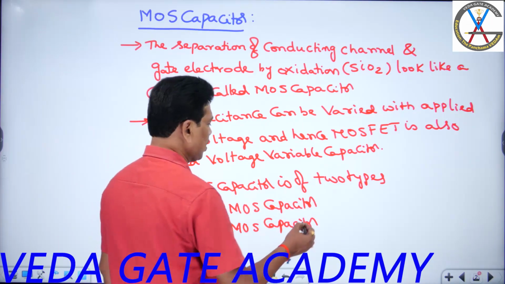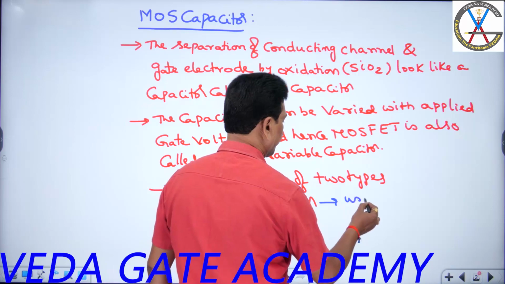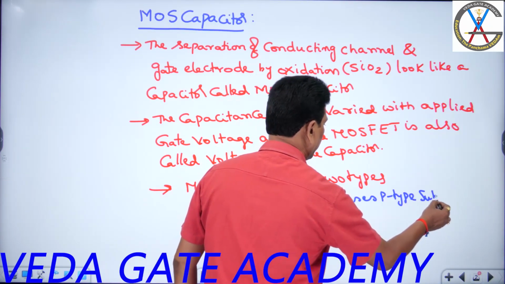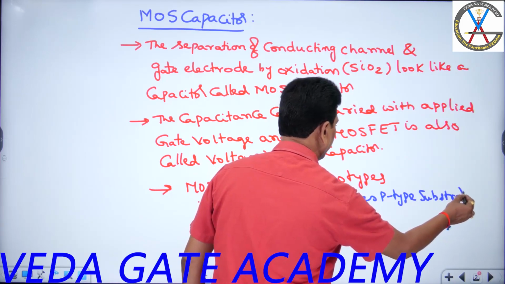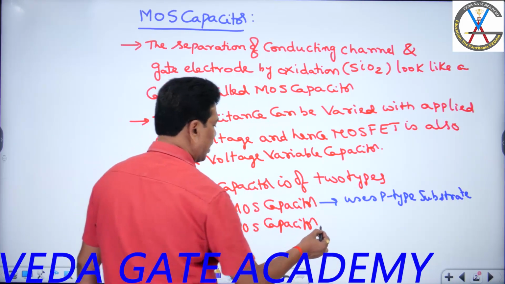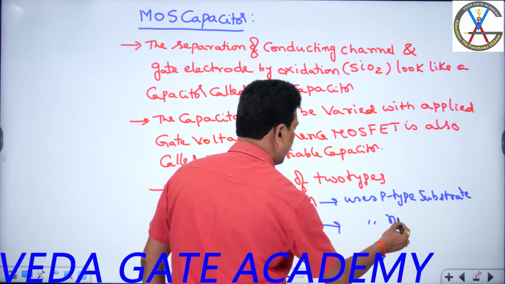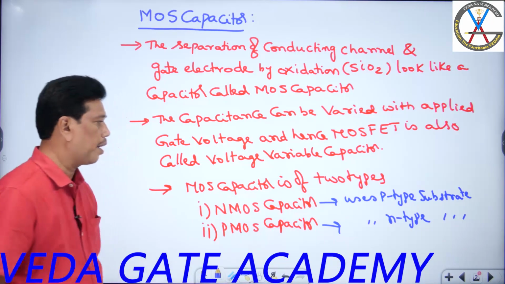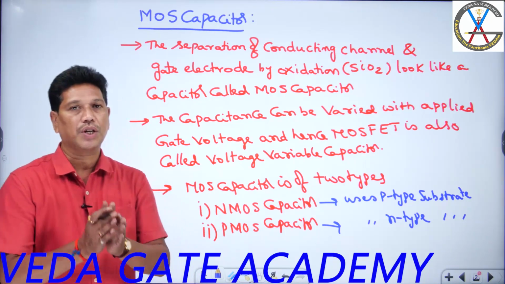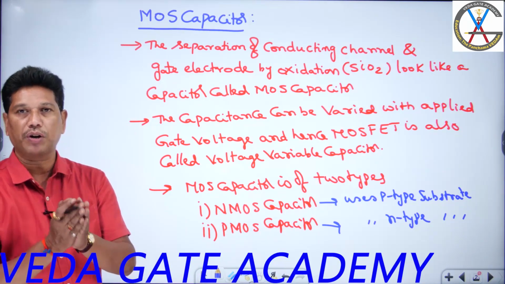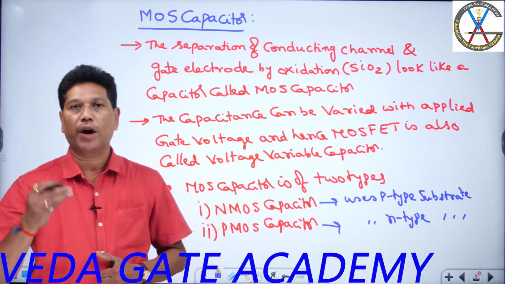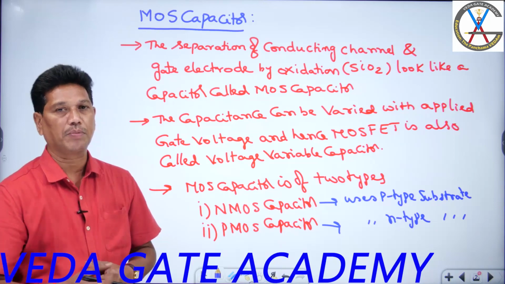All the remaining structure is the same. The structure of Nmos and Pmos capacitor is the same, they differ just by the type of substrate. In the case of Nmos, you find a p-type substrate, whereas in Pmos you find an n-type substrate.